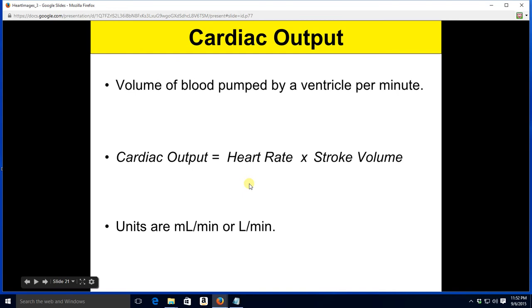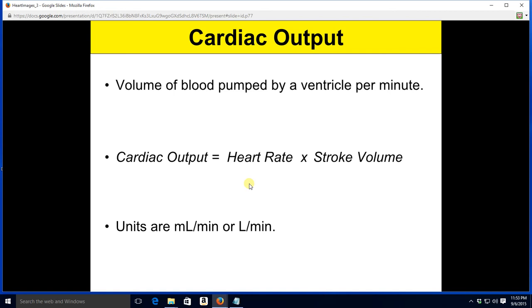A little more measurement stuff. There is a quantity called the cardiac output. It is the volume of blood pumped by one ventricle every minute. Each ventricle is going to have its own cardiac output, and as you probably can guess, the 2 cardiac outputs should be the same.